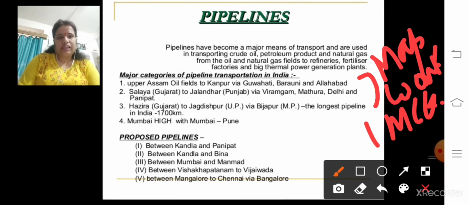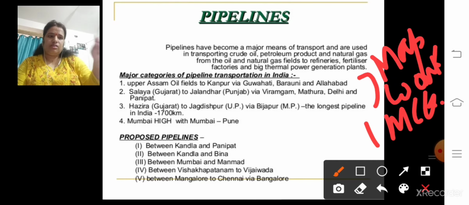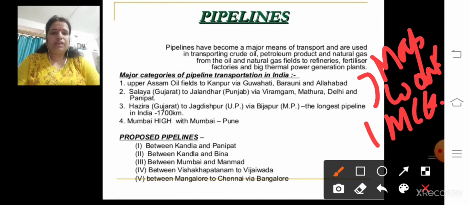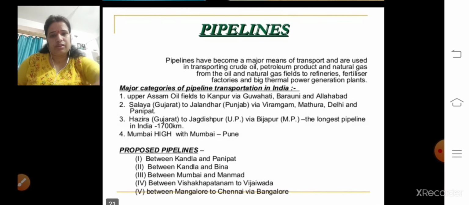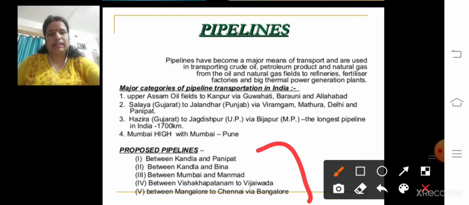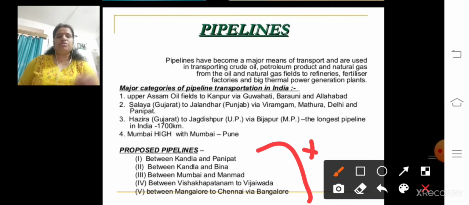For map work they can ask you to locate the oil refinery in Assam, or in an MCQ the Assam oil refinery options will be there. Then, this is not important from your syllabus, questions will not come from here, but you should know what our proposed pipelines are. Okay, it's not that much important, but you should know.